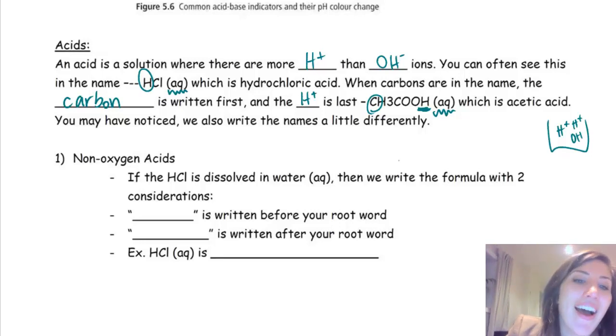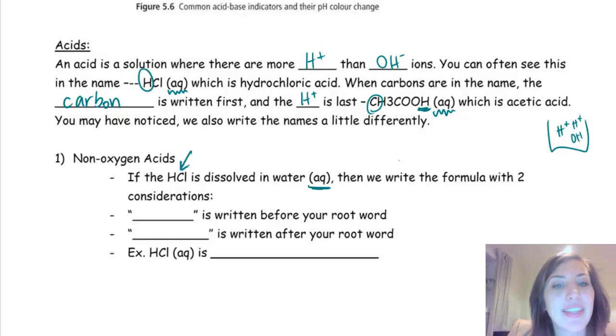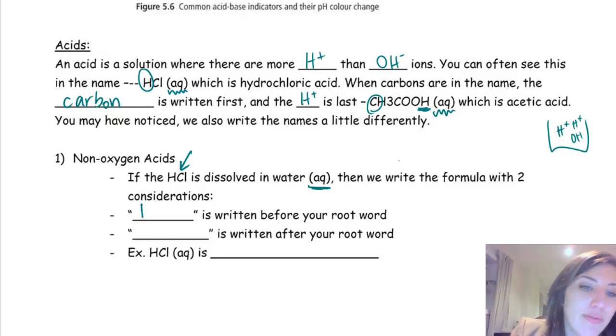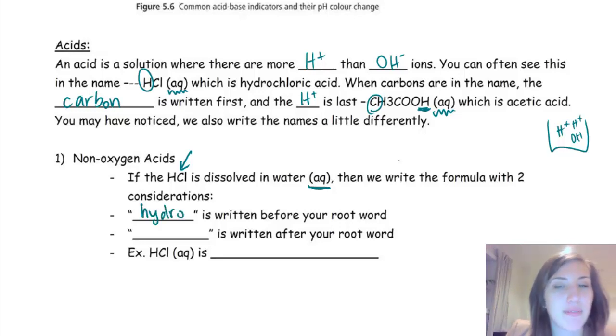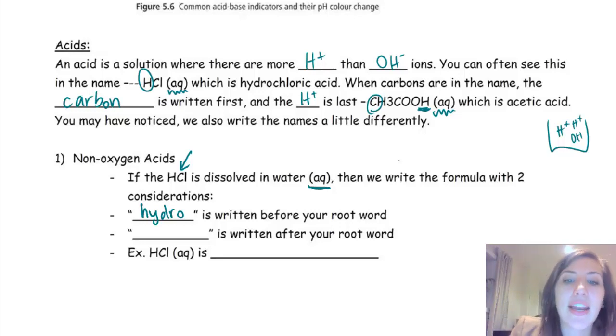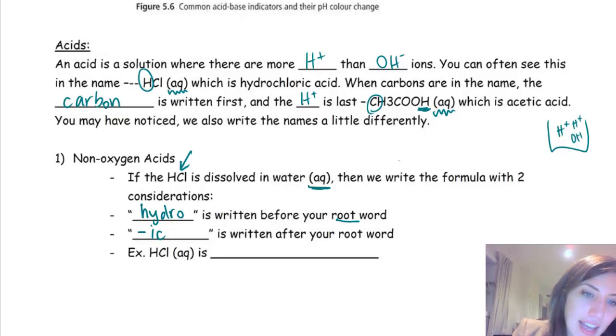So if hydrogen chloride is dissolved in water, which makes it aqueous, then we have to consider two things. One, hydro is written first. So not hydrogen chloride, now it's hydro. And I said before the root word. The root word here is chlor because we end instead with ic acid.